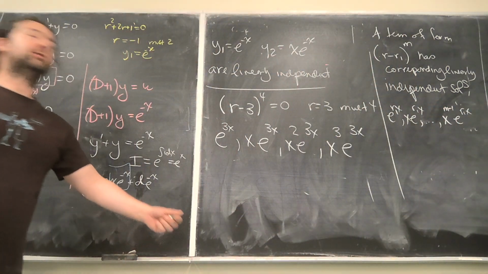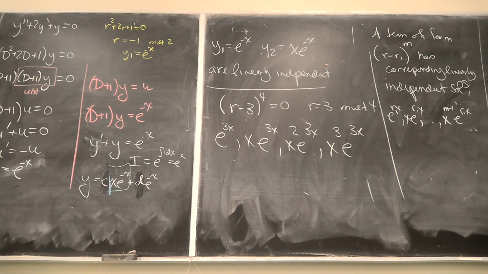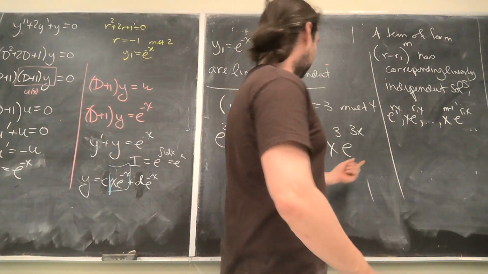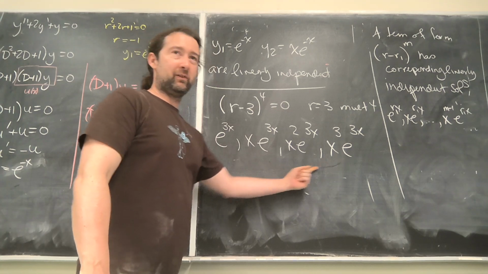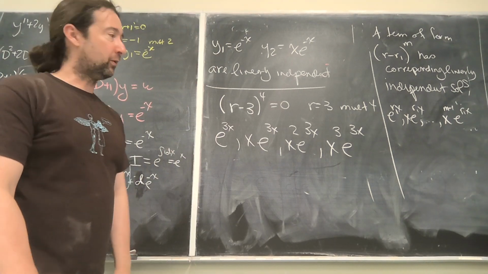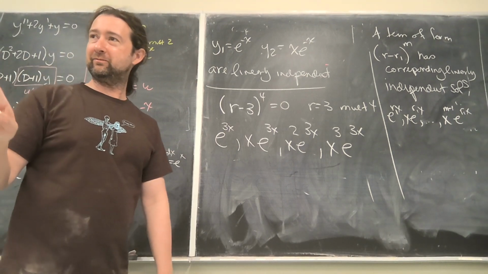The book just asks you to trust that these are linearly independent, right? There's no reason for you to slog your way into computing the Wronskian of this thing, which is going to require you to take third derivatives of all these functions and then take a 4x4 determinant. I advise against it.